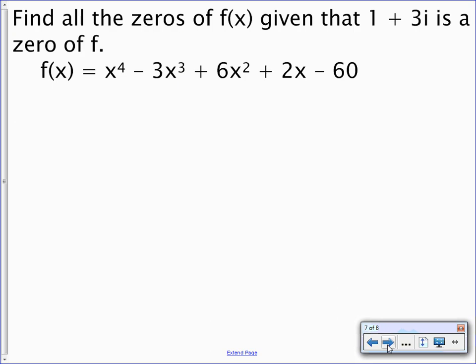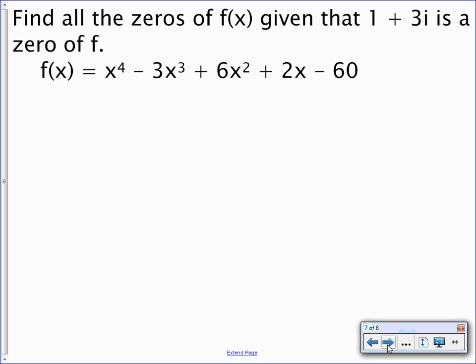Here I have a 4th degree polynomial. But I have told you that 1 plus 3i is a 0. I would like us to find all the zeros. Well, we know 1 plus 3i.